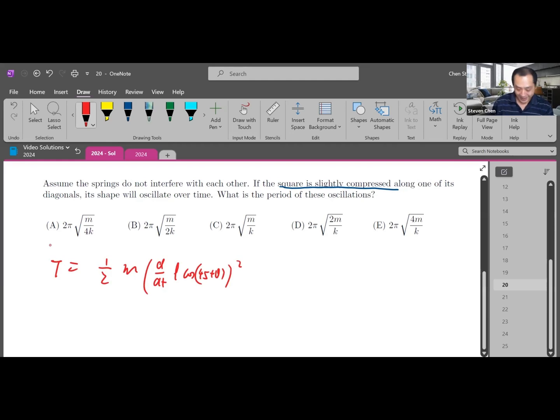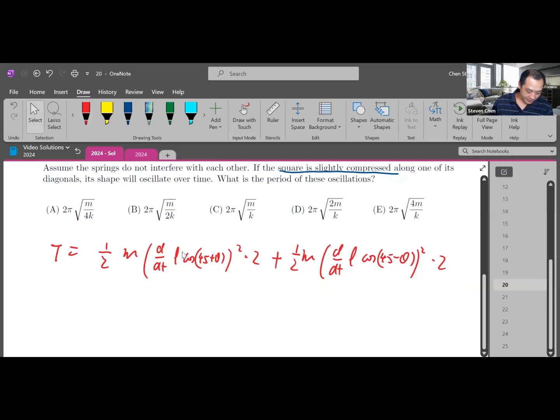We have two such masses, so it's multiplied by 2. Then let's look at the two vertical masses. Each one has kinetic energy 1/2 m times d/dt of L cosine of 45 minus theta, squared, times two masses. So this is the kinetic energy.